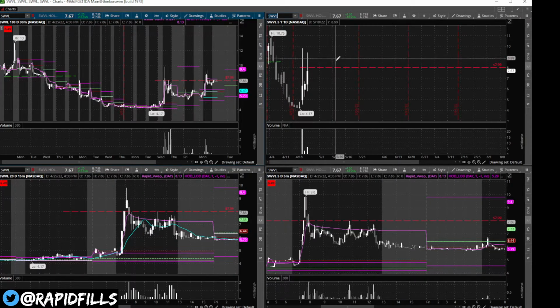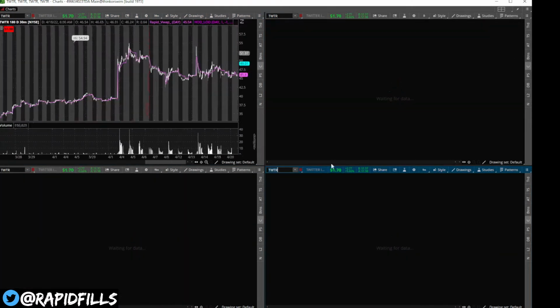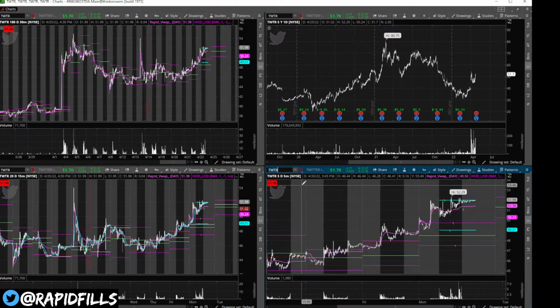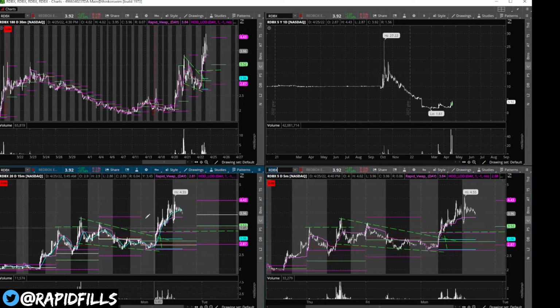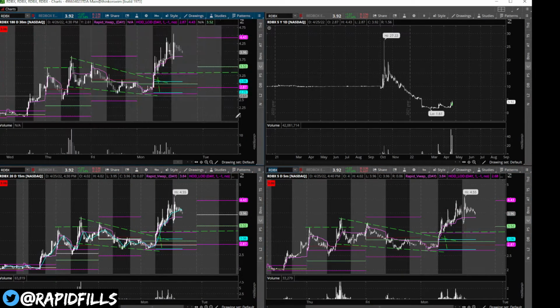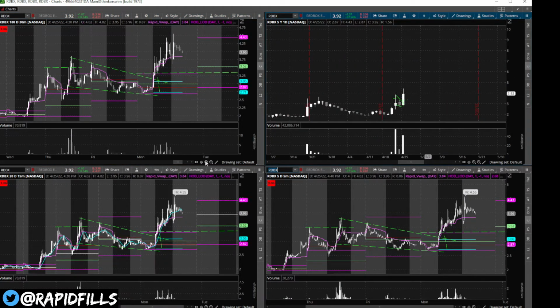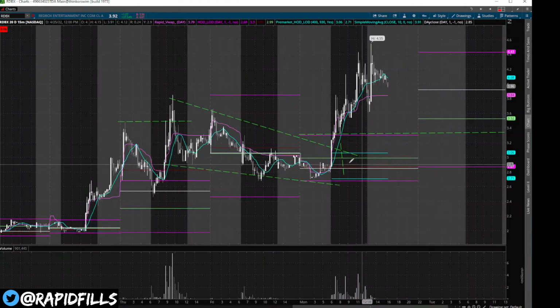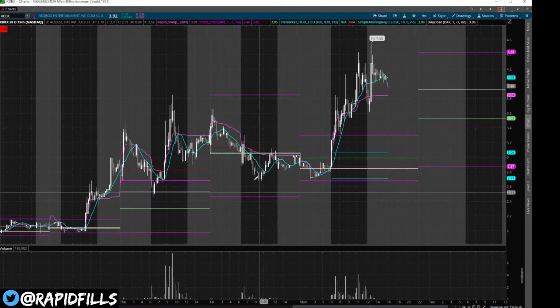The other thing I want to talk about today, let's do RDPX since we had it from the beginning, is my levels on the chart. The way I draw my lines is to find the patterns, but I don't draw any lines for the high of day.